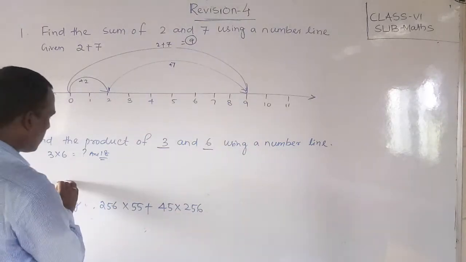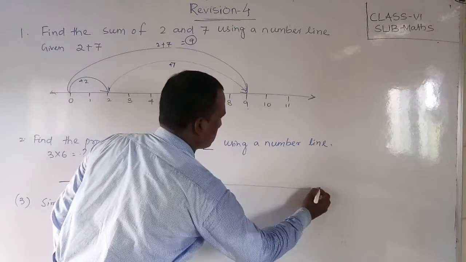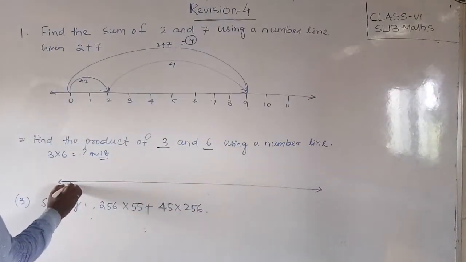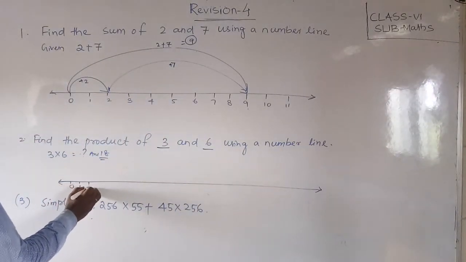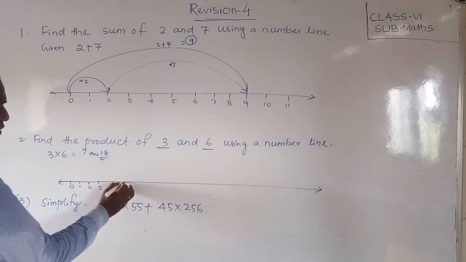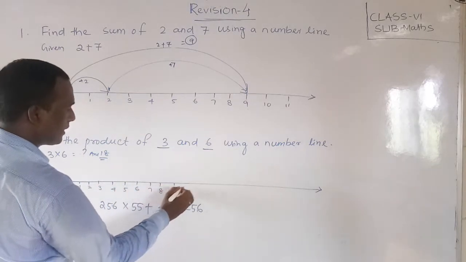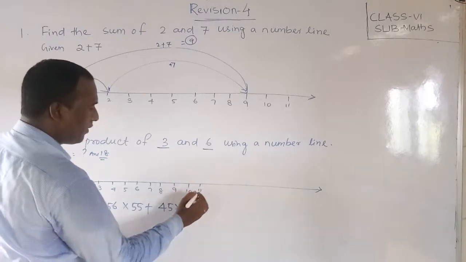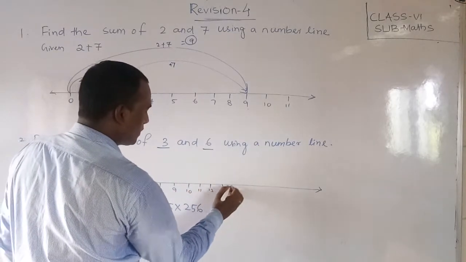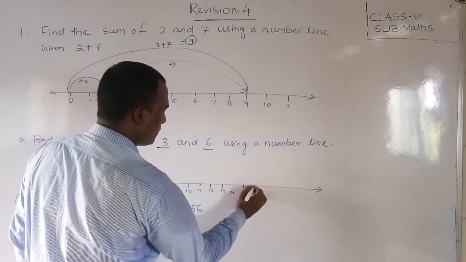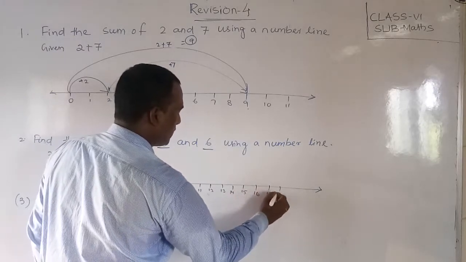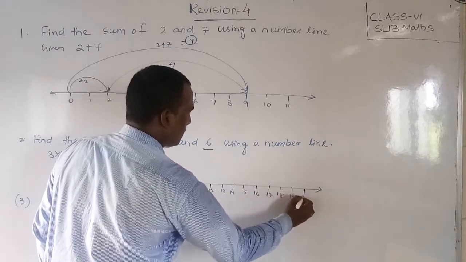First of all, draw that number line, friends. This is 0, 1, 2, 3, 4, 5, 6, 7, 8, 9, 10, 11, 12, 13, 14, 15, 16, 17, 18, 19, 20.